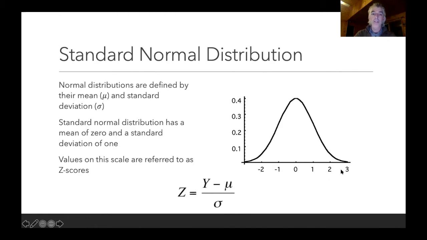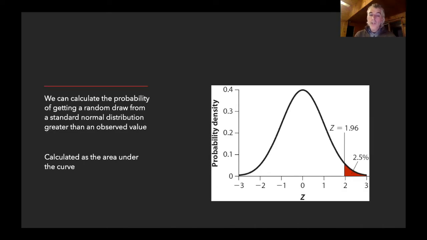So we can convert any normal distribution into a standard normal distribution by converting observations from their original scale into this score of z-scores. Now, just like with the probability distributions that we've talked about in the past, we can use a normal distribution to calculate the probability of getting a random draw from our distribution based on an observed value.